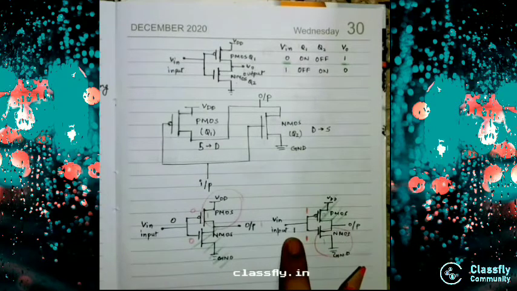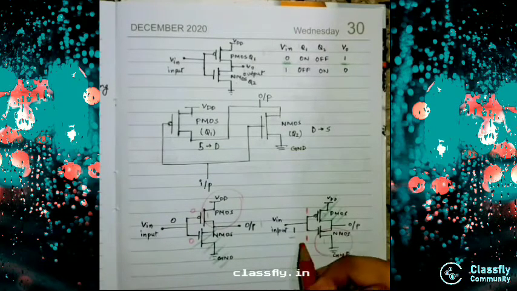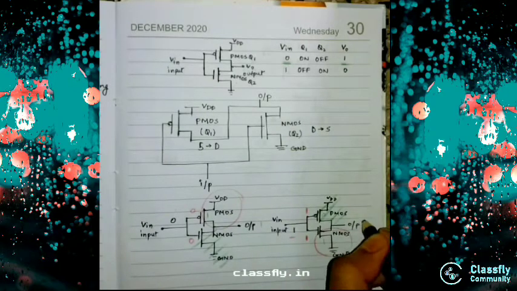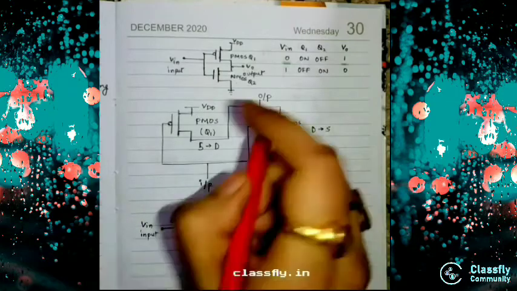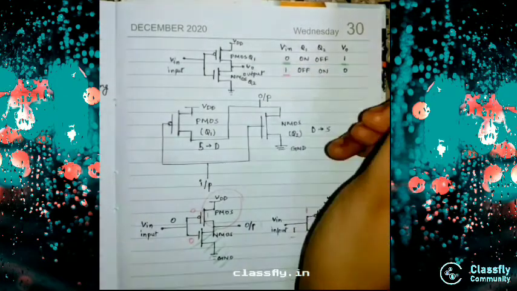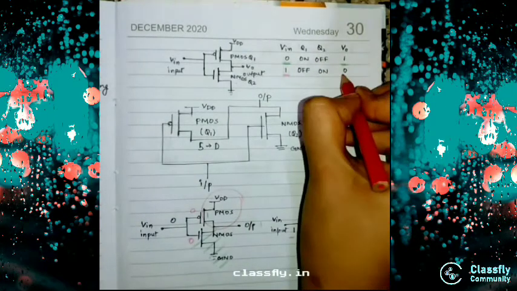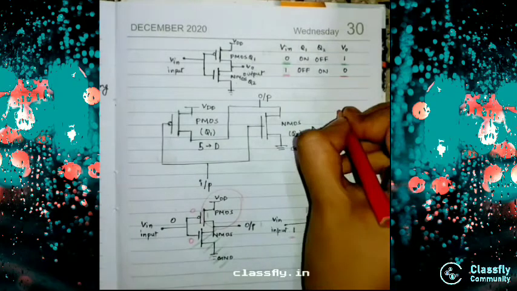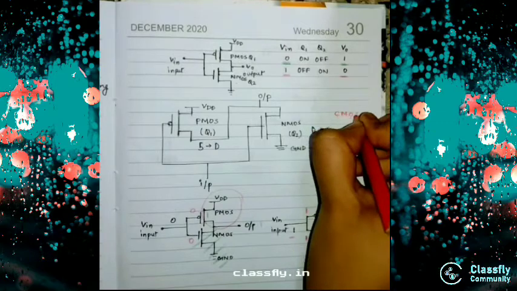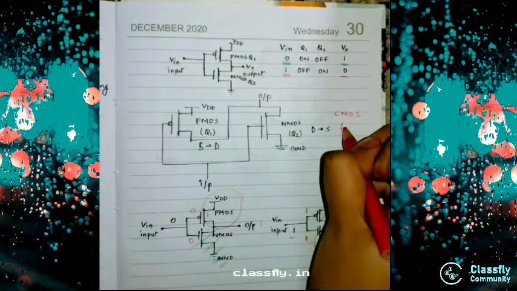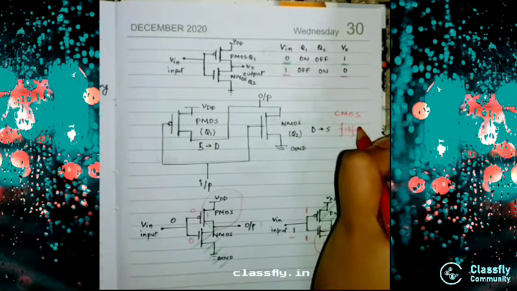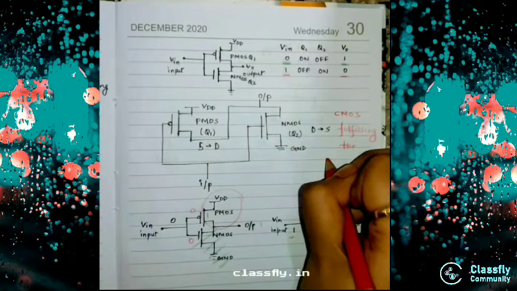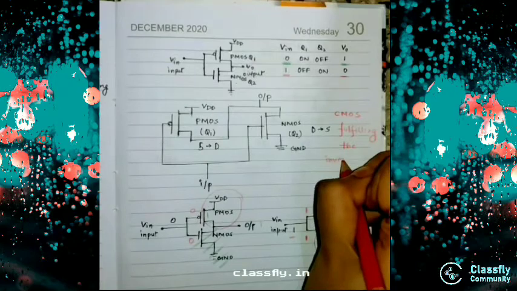That means whenever we give the input as 1, we will get the output as 0. So CMOS is fulfilling the inversion operation.